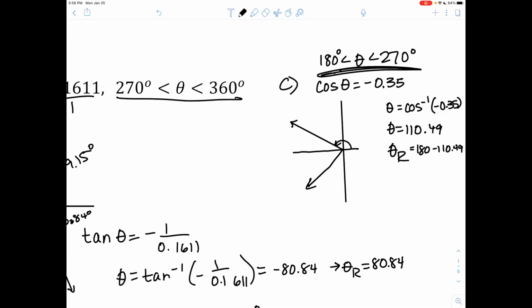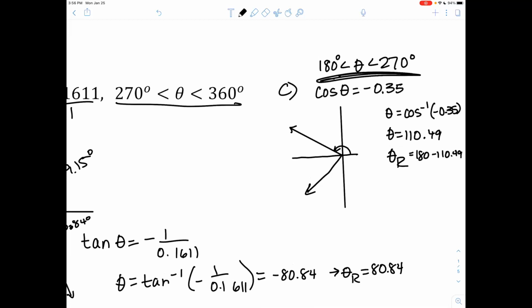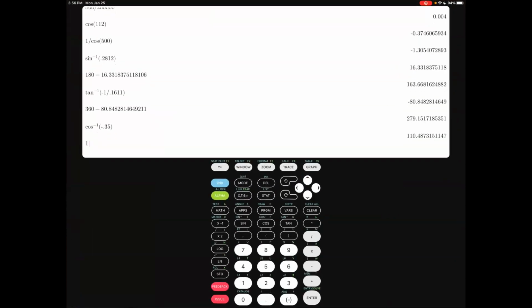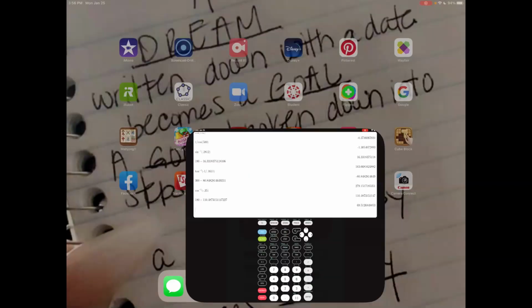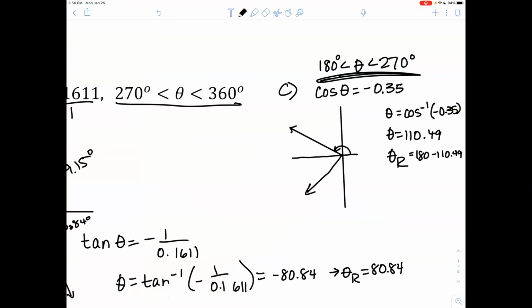And then we're going to double check it to make sure it's true. So let's go to our calculator and do 180 minus our last answer. And that gives us a reference angle of 69.51. So theta's reference angle is 69.51.